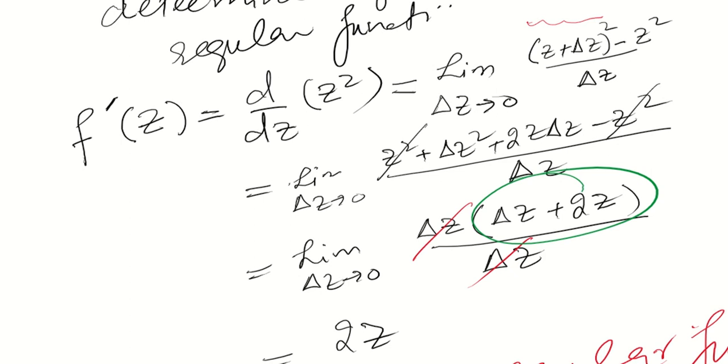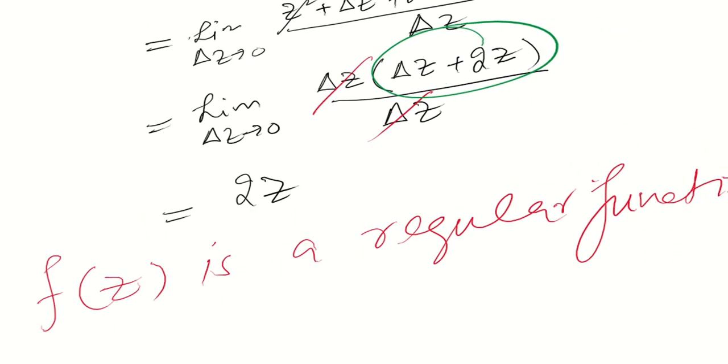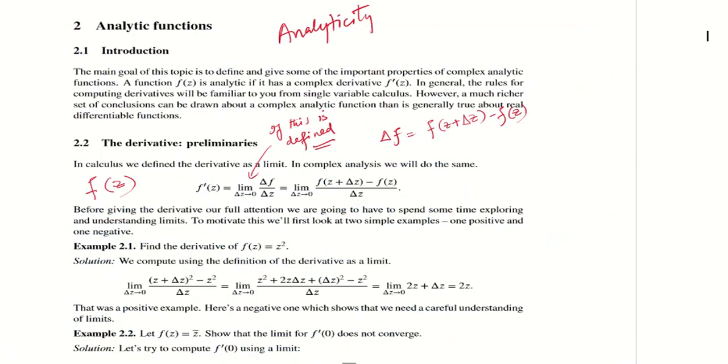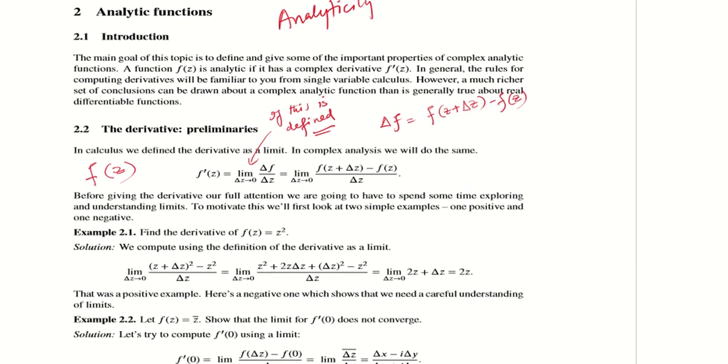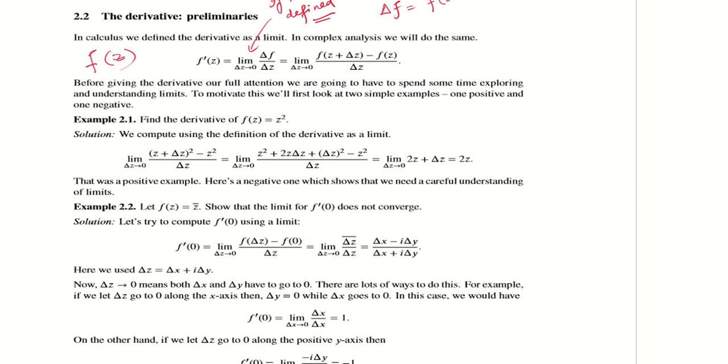Okay, it's a regular function, but can there be some functions which are not regular? Yes, they can be. So we do the example. Now we have a function defined by z star, or z bar.